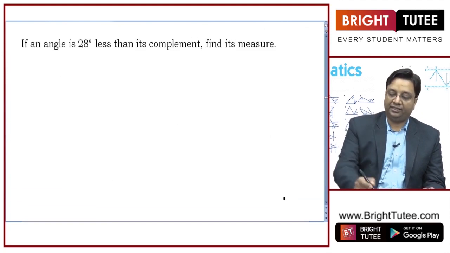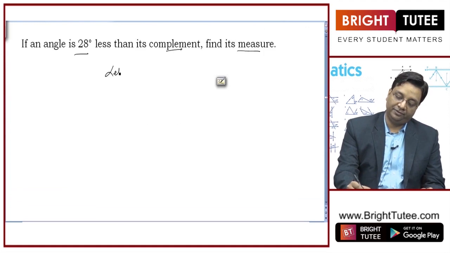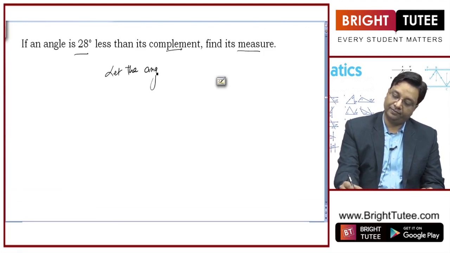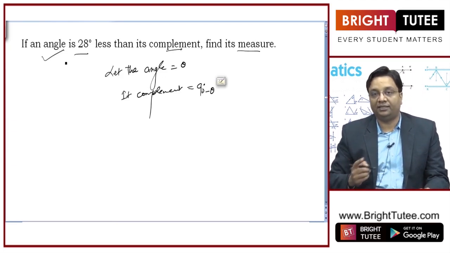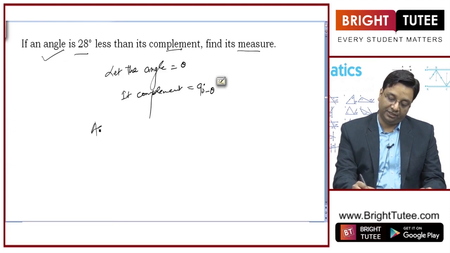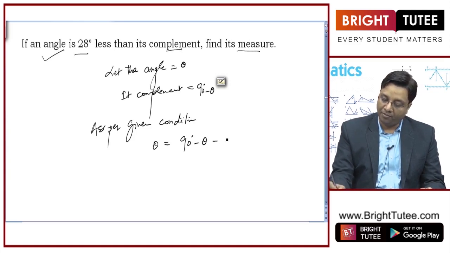If an angle is 28 degrees less than its complement, find its measure. So let the angle be theta. Its complement will be 90 minus theta, and the angle is 28 degrees lesser than its complement. So as per the given condition, theta is 90 minus theta minus 28.